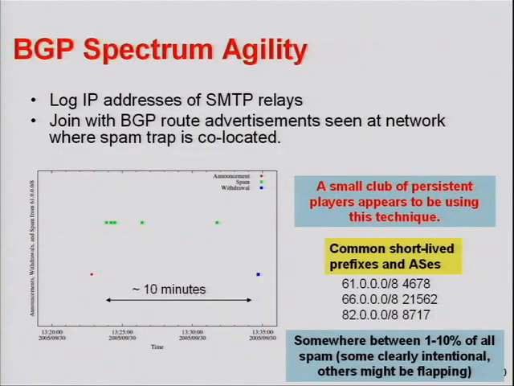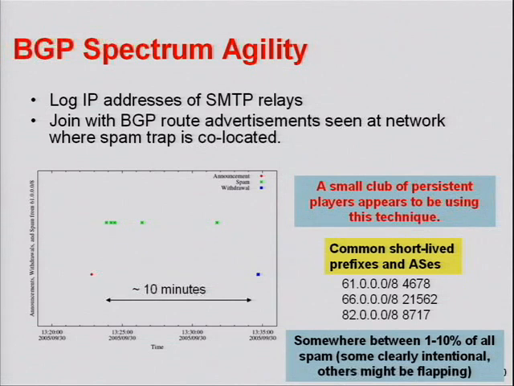This is a bit hard to see, but I'll draw it out for you. What I have here is a timeline of about 15 minutes. What we see here is a new IP address space being announced. This is a BGP route advertisement that we saw at our monitor for some portion of IP address space.